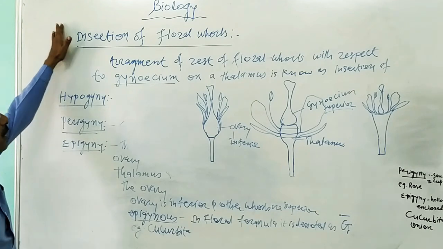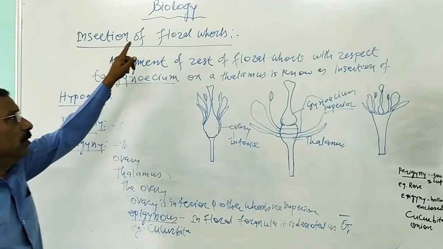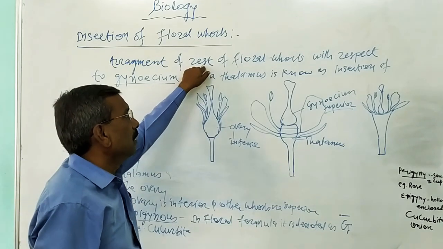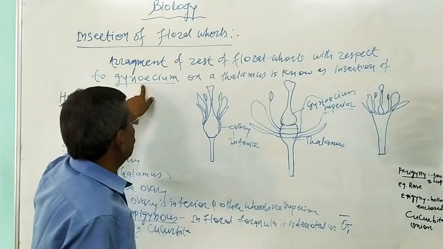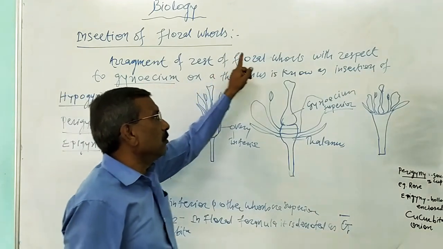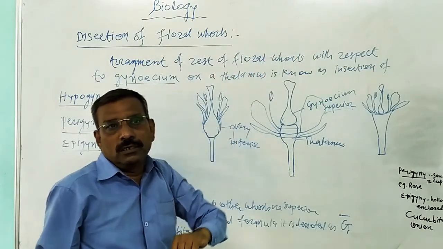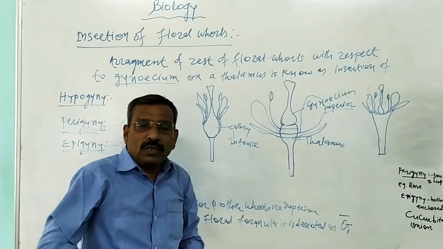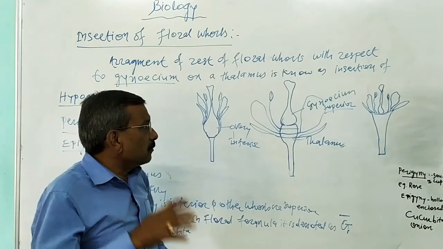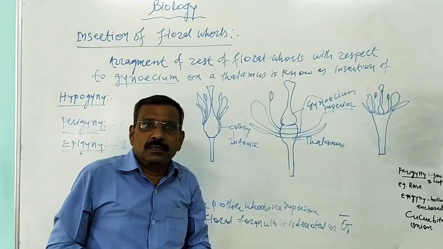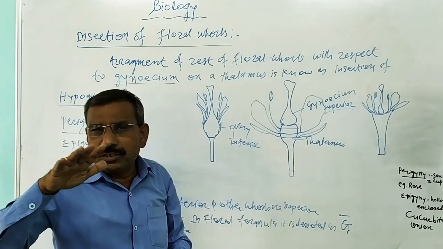Insertion of floral whorls is the arrangement of the rest of the floral whorls, that is calyx, corolla, androecium, with respect to the gynoecium on the thalamus. Insertion of floral whorls takes place on the basis of the shape of the thalamus.